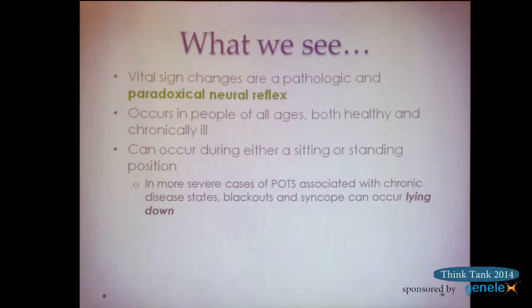It can occur in people of all ages, both healthy and chronically ill, and can occur either in a sitting or standing position. I think we've all up here had experiences with patients who have chronic disease states where syncope has occurred in the supine position, which in classic teaching we've been told is very, very difficult to achieve. So this does, I think, surprise a lot of people when they encounter it.